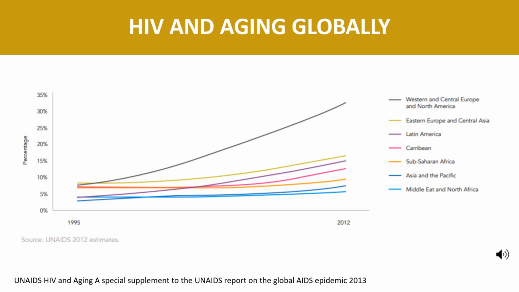You can clearly see the rising trend in the numbers of older patients in Western and Central Europe, North America, Eastern Europe and Central Asia, Latin America and the Caribbean, Sub-Saharan Africa, Asia and the Pacific, and the Middle East and North Africa. This is a global phenomenon, as the main driver is that more people with HIV are living longer and healthier lives as a result of more widespread access to life-saving HIV care and treatment.